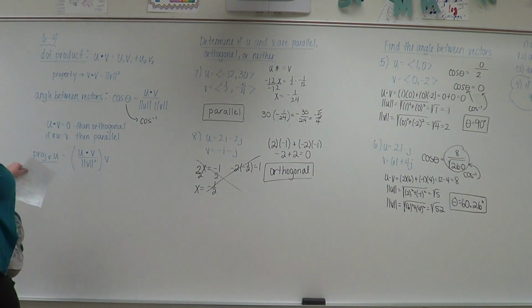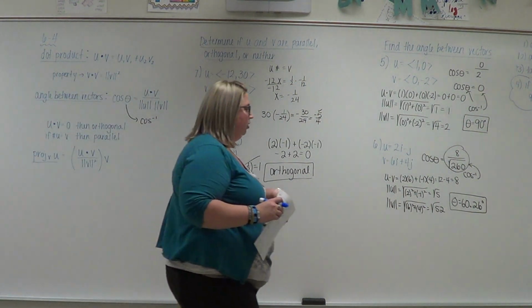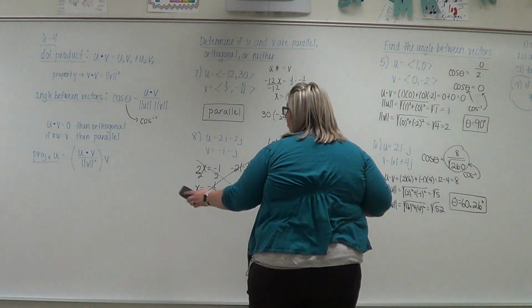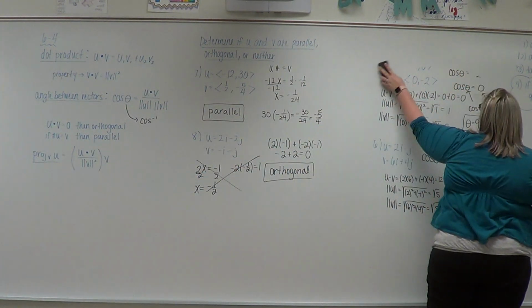Okay, then the last thing we're going to talk about is projection of u onto v. And you will not project the other way. So this is your only formula that you have to know for that part. You're not going to project the other way.